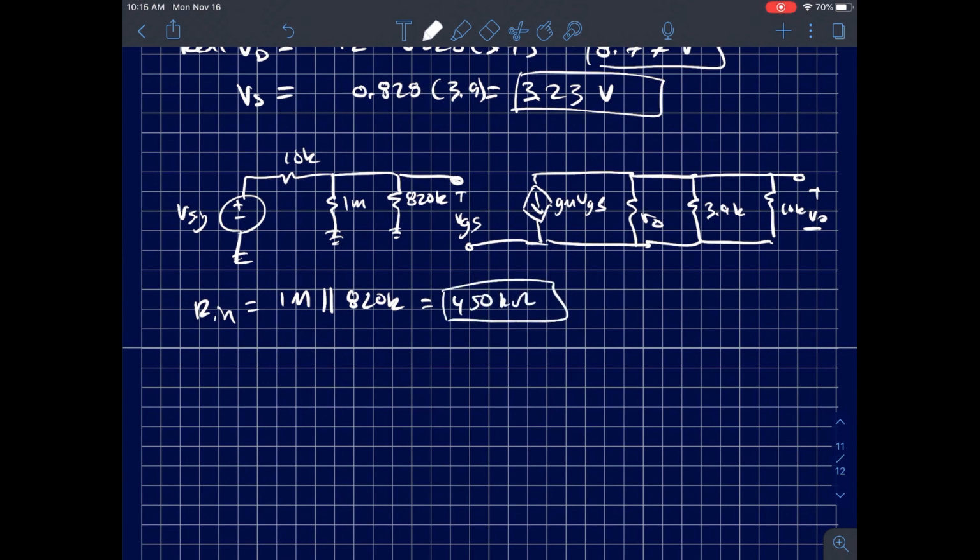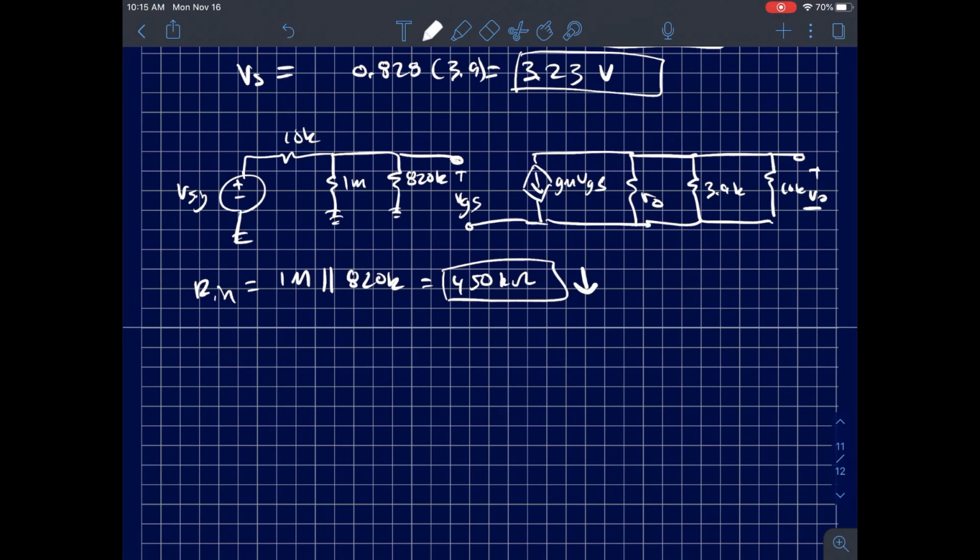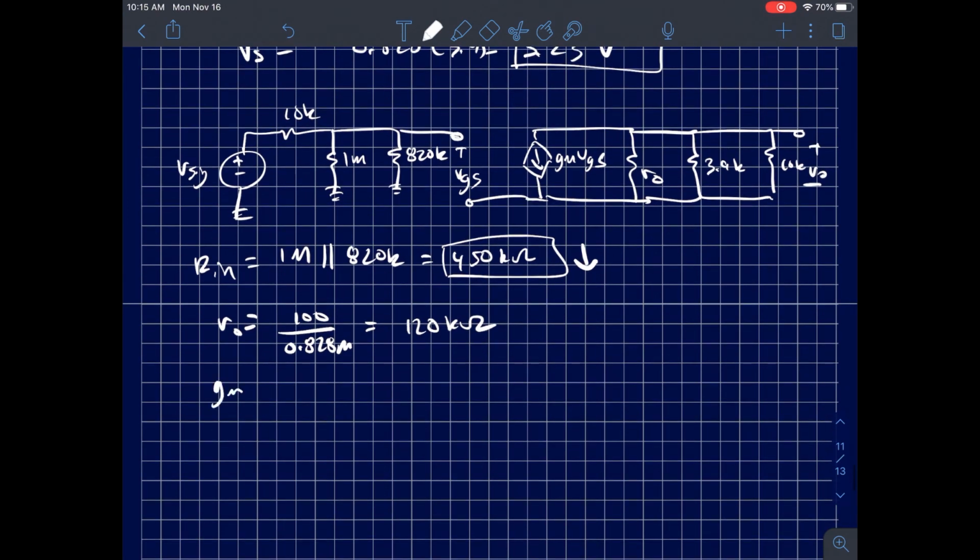Comparing that to what we had before, that is slightly smaller. The value for little r0 is 100 over 0.828 mil, which is 120 kiloohms. That's bigger than it was before. gm is 2 times 0.828 divided by 0.91. That's 2 ID over V overdrive.